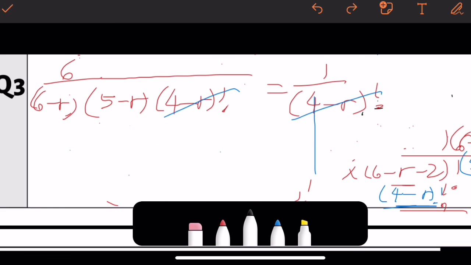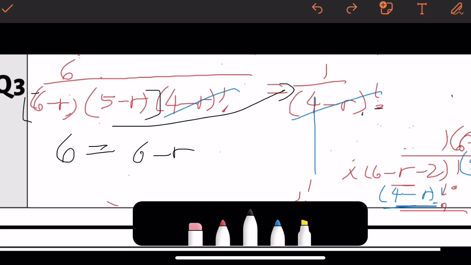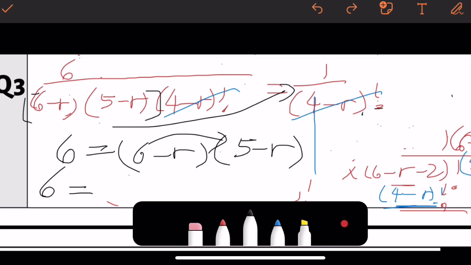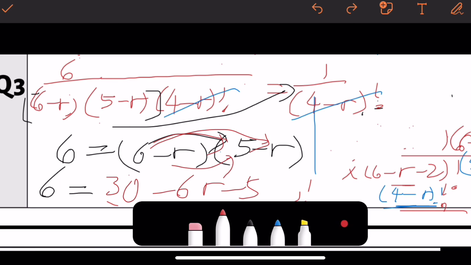See, I'm going to show you, 6 is equal to this thing, I multiply to the other side, these two. It will be 6 minus R and then 5 minus R, right? Okay, so I'm sure you know how to simplify. 6 times 5, you get 30. 6 times negative R, negative 6R, negative 5R, negative and negative become positive R squared, right?